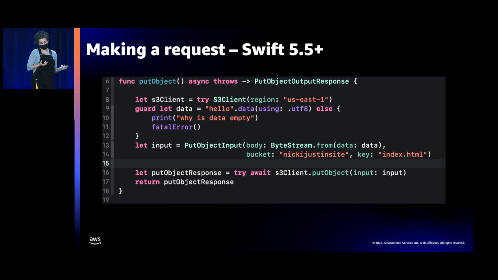This is actually an example of a streaming request, except in this example, I already have the stream of data. So I'm just turning it into a byte stream, providing the bucket and the key, and then I'm awaiting s3Client.putObject, and then I can just return the response, which, I don't know, in this case probably just has success or data in it if it went through.